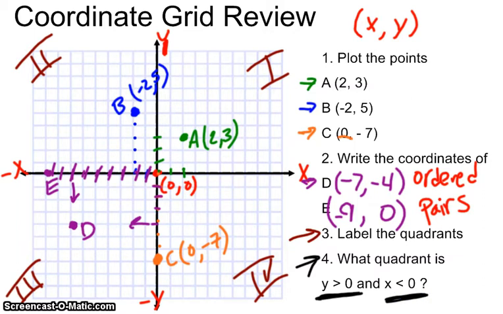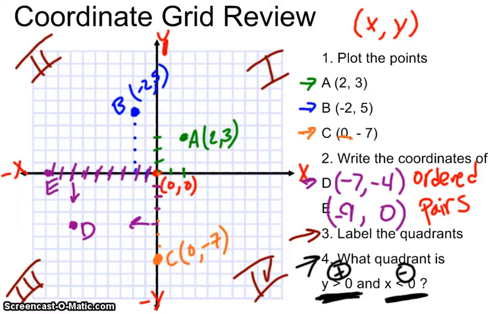Well, let's see. If y was greater than 0, it would be positive. And if x was less than 0, it would be negative. So what quadrant has a positive y value but a negative x value?